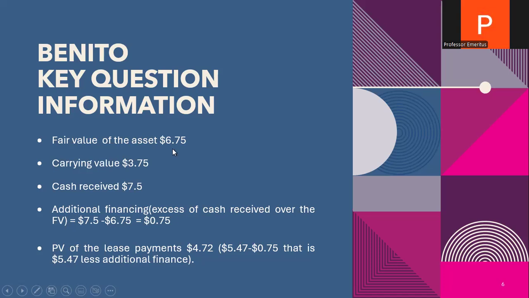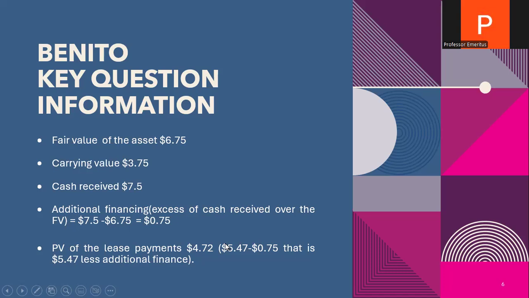So in essence, what we want to do is that we're going to treat this 0.75 as additional financing, which should be financial liability. Then we look at the present value of the lease payment. The question told us that the present value of the lease is 5.47.